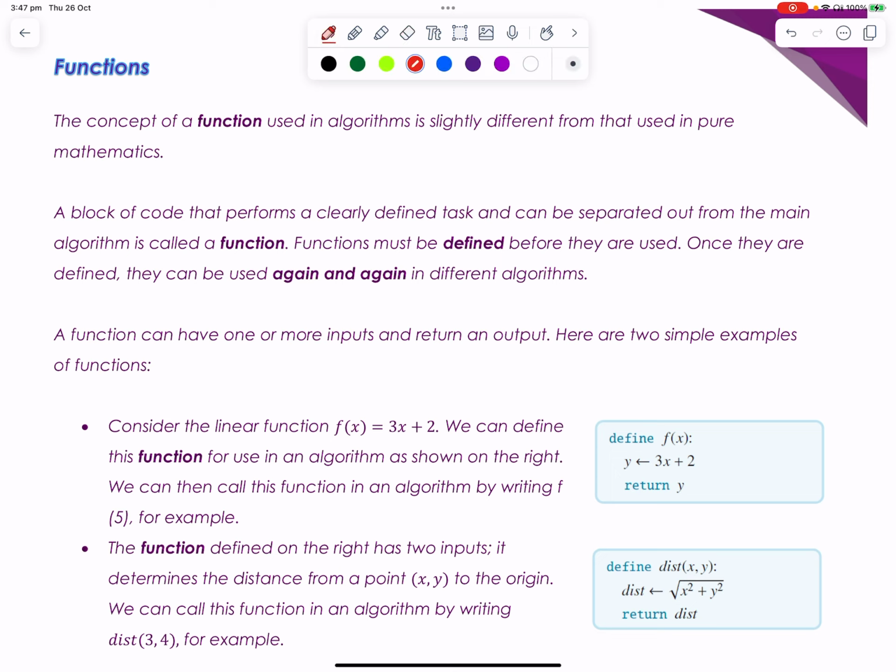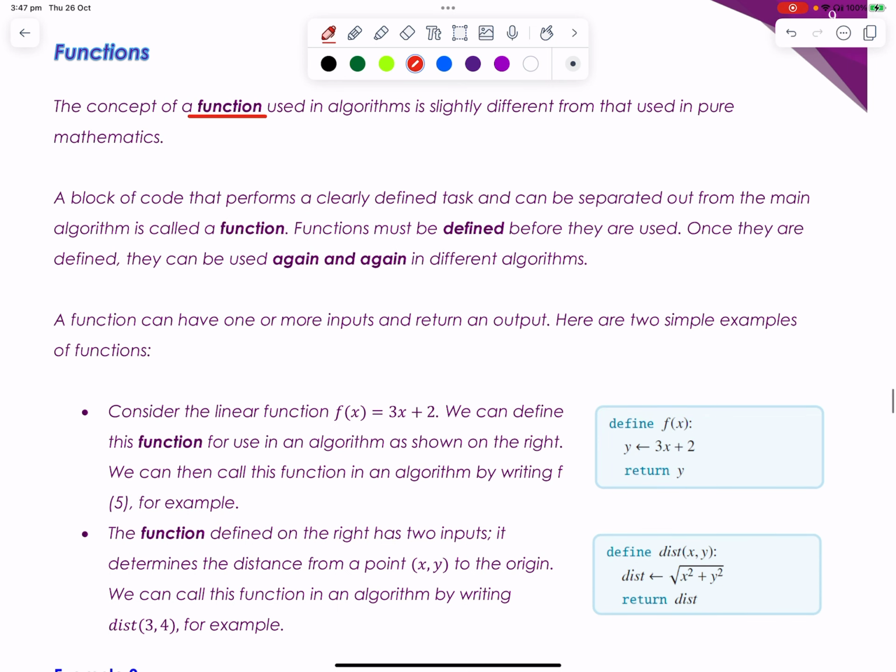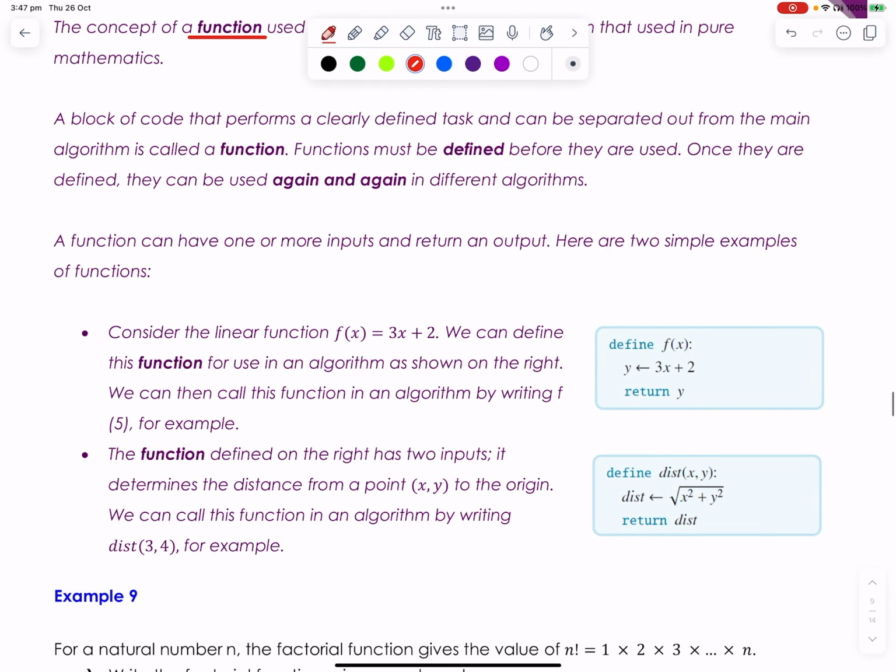So a function is used in algorithms that's different to functions that we use in mathematics. A block of code that performs a clearly defined task, i.e. outputs the maximum, outputs the highest common factor, and it's separated from the main algorithm, is called a function.